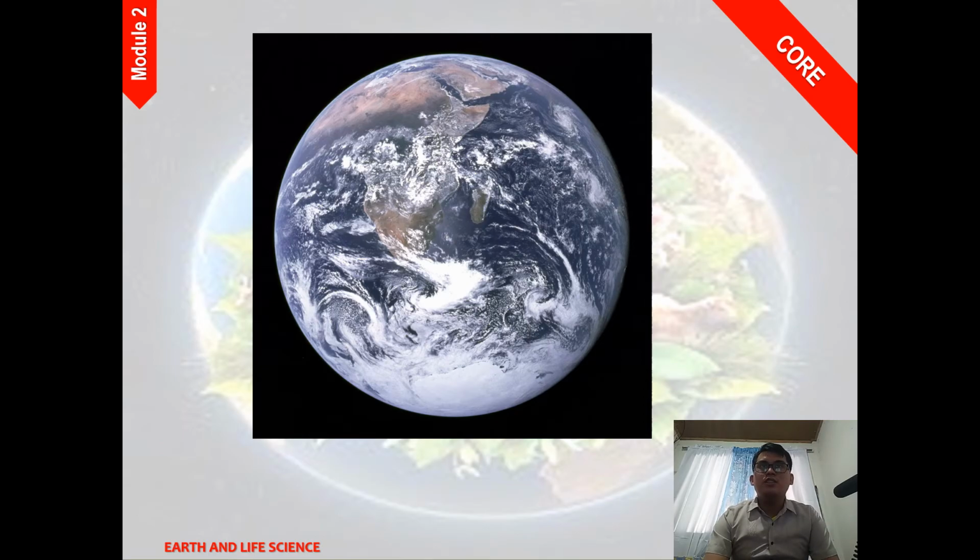This is because of its location in our solar system, not too far away from the sun and not too near from the sun. This makes our planet a habitable zone or a habitable planet. In this condition, our atmosphere can protect us from the harmful radiation of the sun, and water exists in liquid form, which is necessary for life.